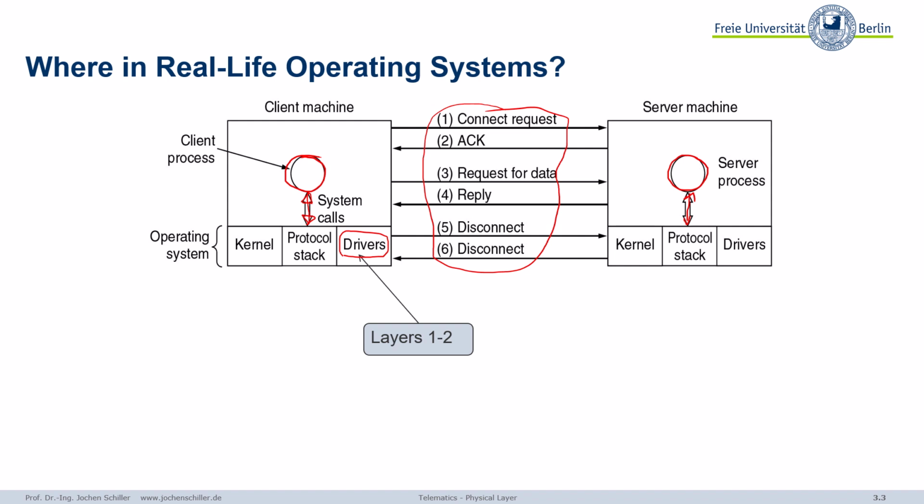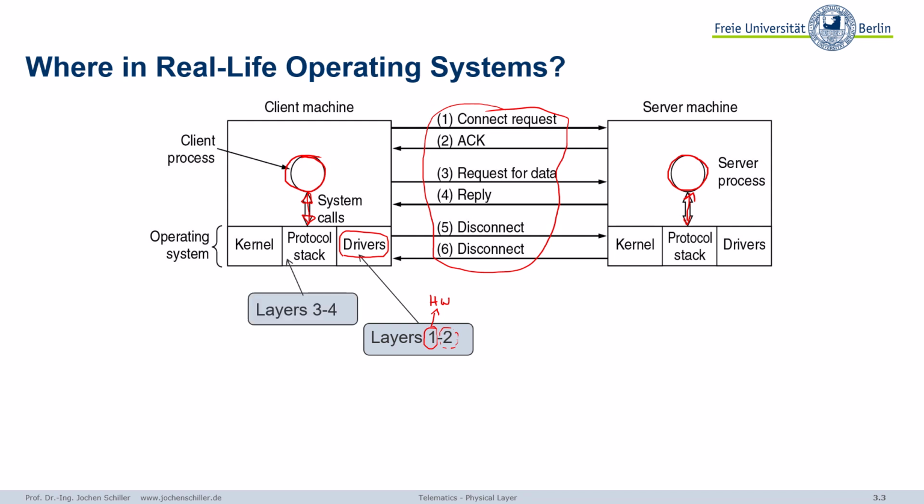The drivers typically come with the hardware, with the special network adapter or graphics adapter, etc. So this is where you have layer 1 and layer 2, especially layer 1, which is typically implemented in hardware. Also parts of layer 2 can be drivers plus hardware, firmware, so it depends on the design.